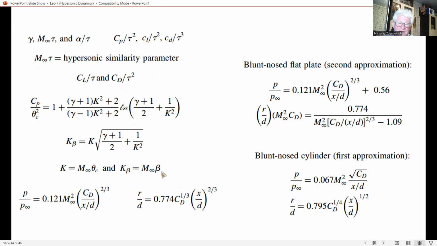So the hypersonic small disturbance equation also leads to the hypersonic equivalence principle, which states that the steady hypersonic flow over a slender body is equivalent to an unsteady flow in one less space dimension.